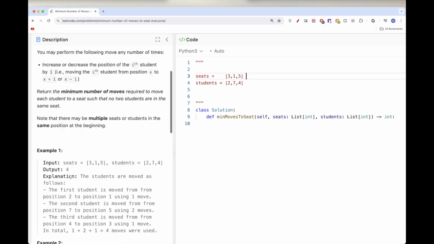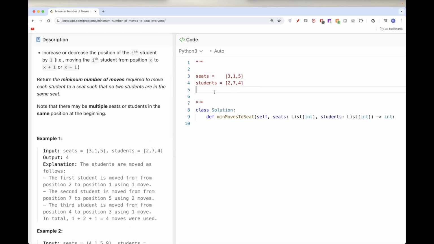In this example, we sort the seats so that it's 1, 3, 5, and then sort the students so that it's 2, 4, 7. Then we can just see how many operations it will take us to get this one to this one. We know it's the closest to it because we sorted, so it's going to be as close as possible.